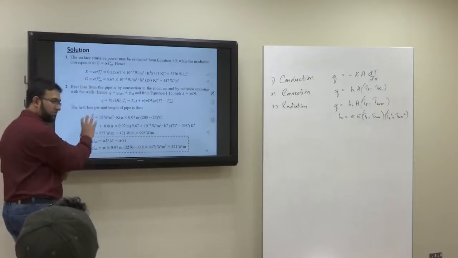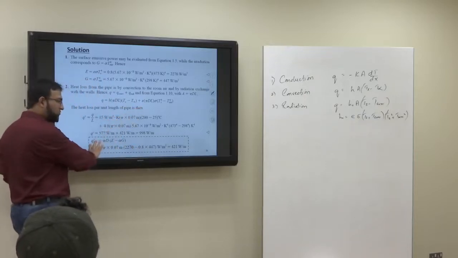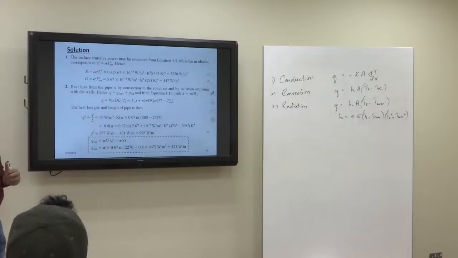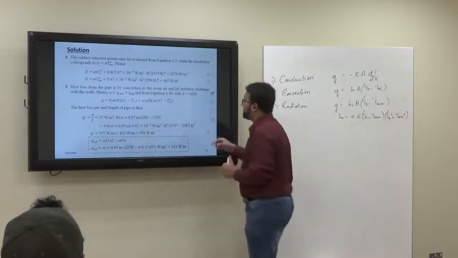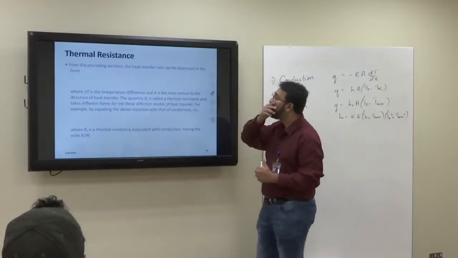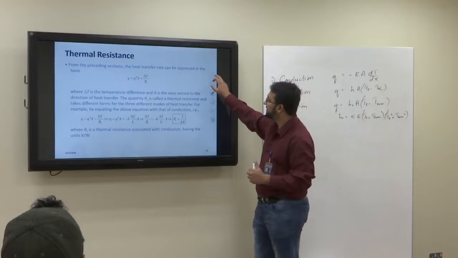These are two different ways. One way we solved that way. This way is also okay, but even if you solve it by that way, it's good enough as well. Okay, thermal resistance.